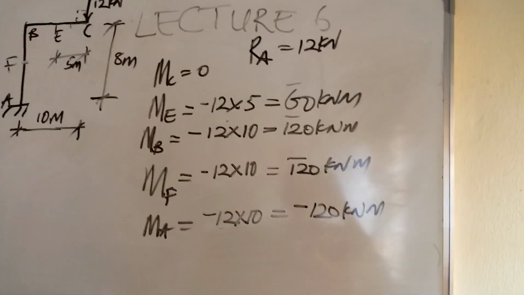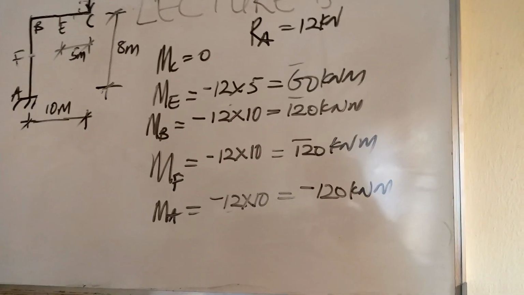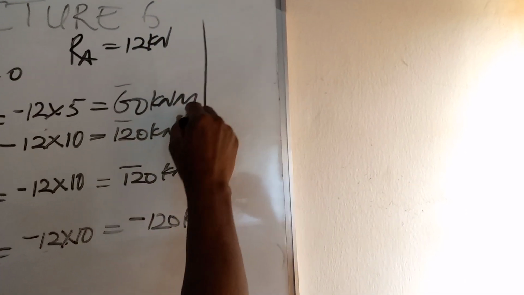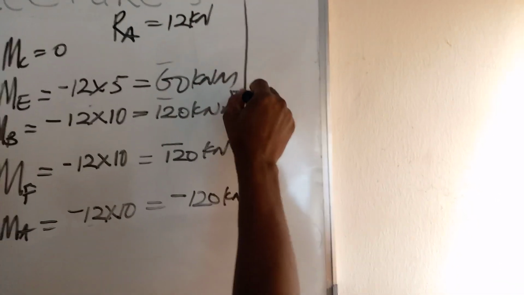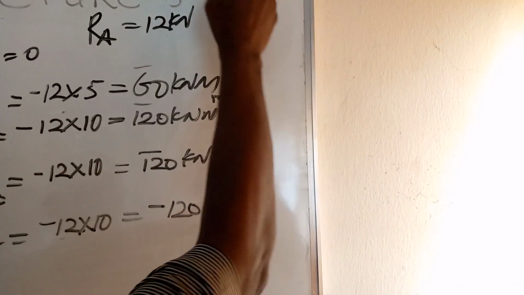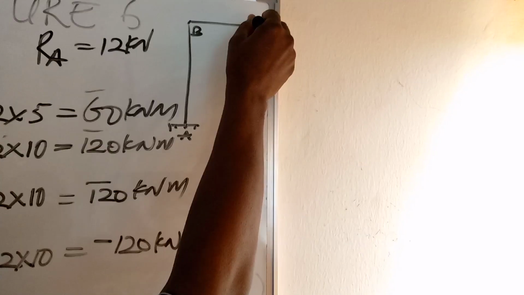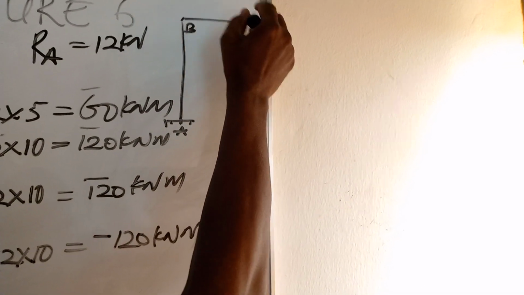That is the value of the moment along the frame. I want to draw a diagram of the bending moment. This is point A, this is B. At C, the moment is 0.